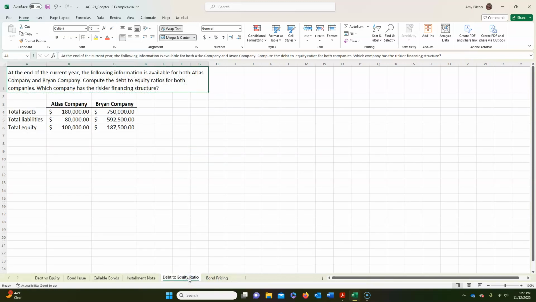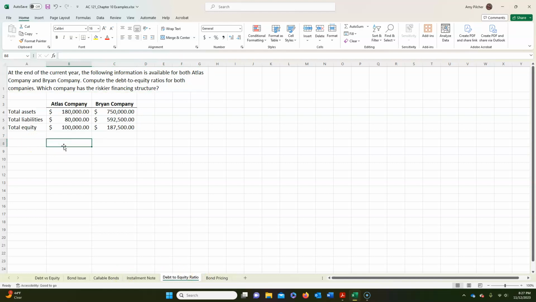In this example, we're going to look at the debt to equity ratio, which is how much debt we have relative to equity. We calculate that by taking total liabilities divided by total equity. For Atlas Company, we get an 80% debt to equity ratio, or 0.8.